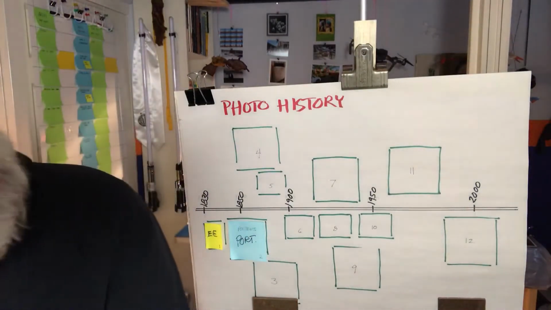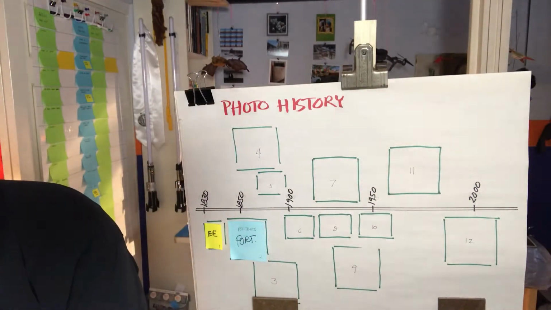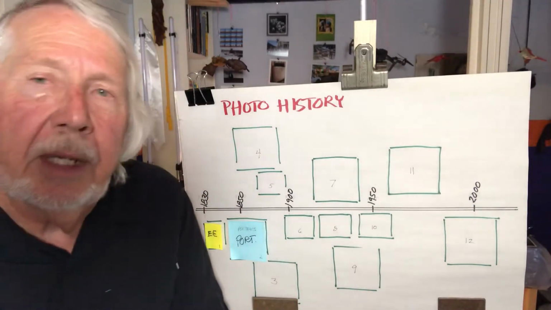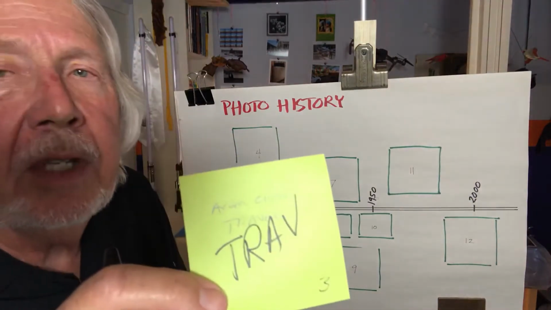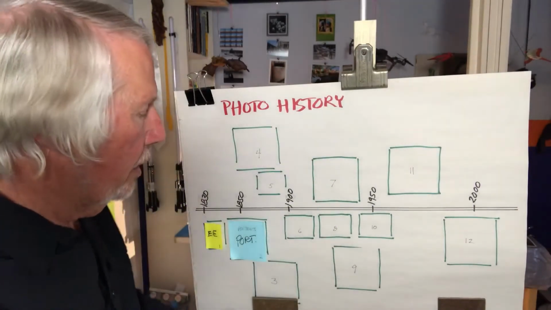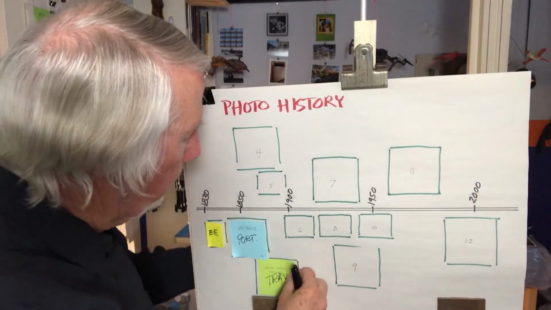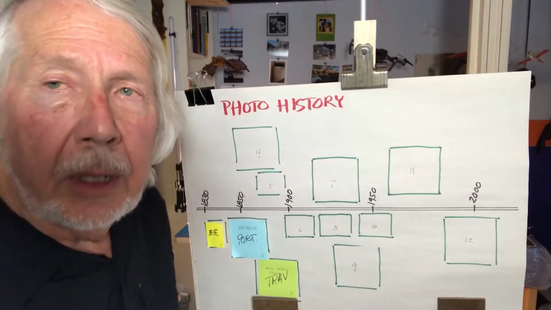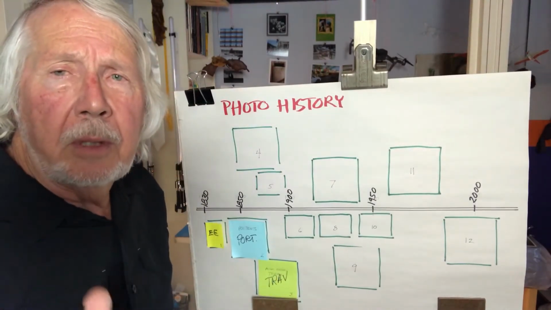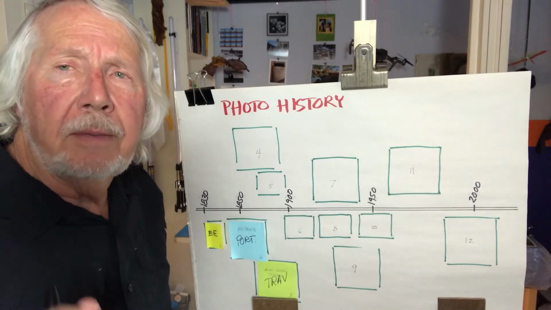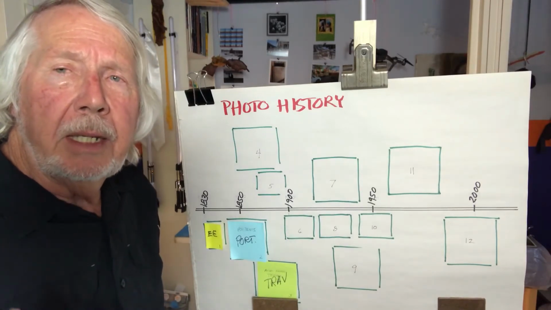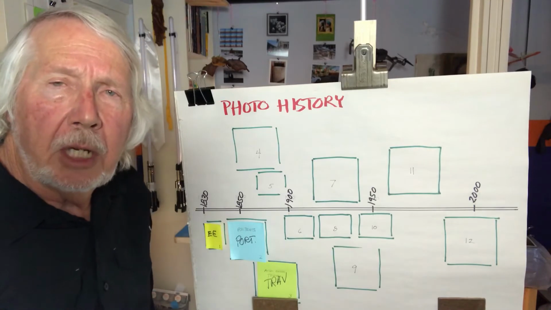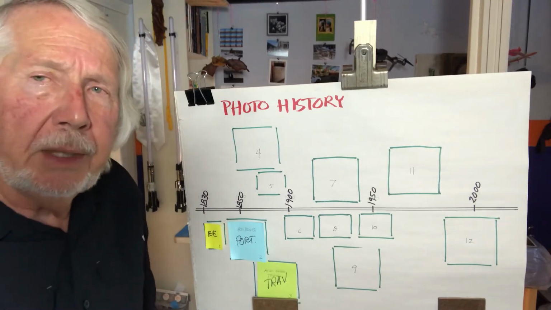Number 3 is going to be abbreviated TRAV, and it stands for armchair travel. And this was our Western outreach, but people in Europe were going down and taking pictures of the Holy Lands and even taking trips into China and Japan, which were recently opened.